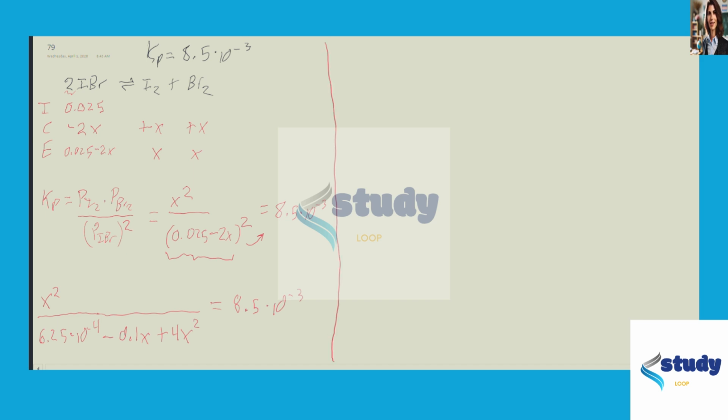Okay, now I'm going to rewrite this bottom equation over on the top right, but I'm going to take this entire bottom portion and multiply it over to the right side. So on the left, we now just have x squared and we now have 0.034 x squared, so that's that last term, 4x squared times 8.5 times 10 to the minus 3.